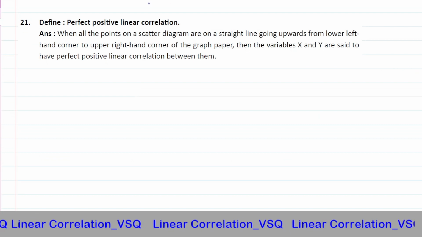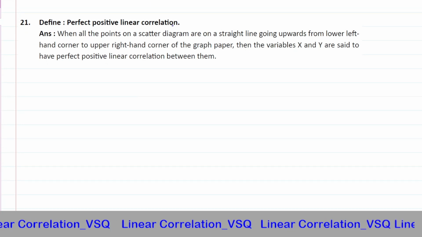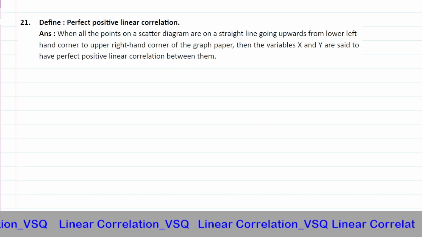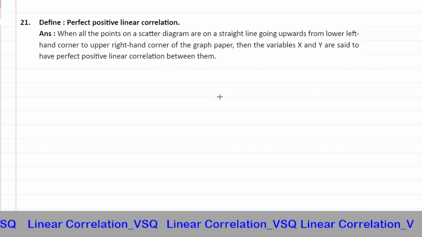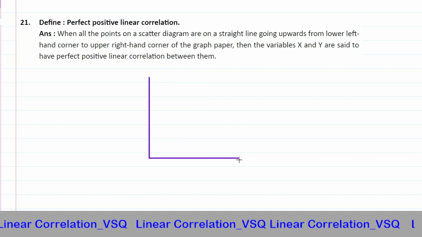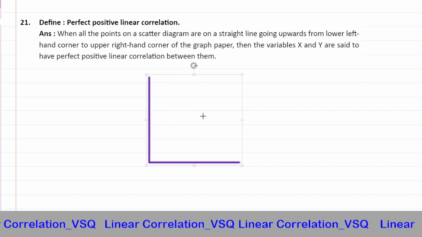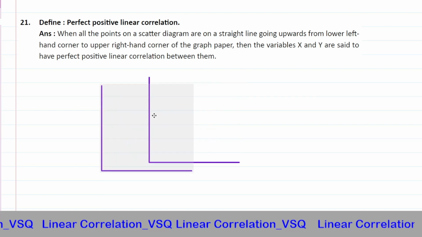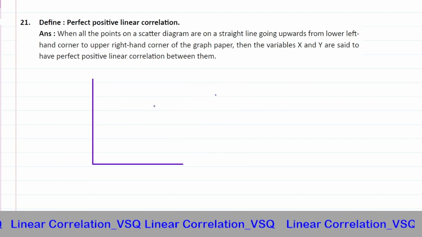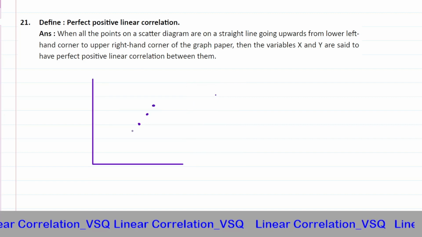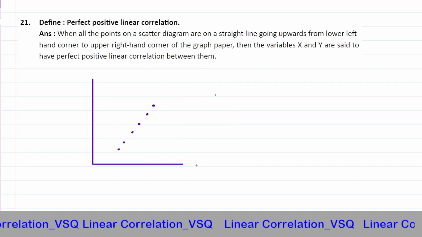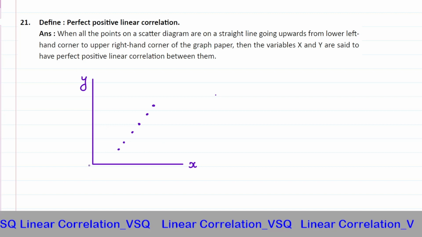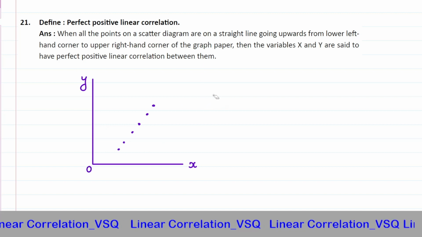Question number 20. Define perfect positive linear correlation. In the scatter diagram method, we learn that if all the points of a scatter diagram lie on a straight line in increasing order, then there is perfect positive correlation between x and y.